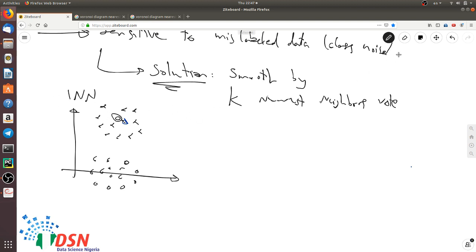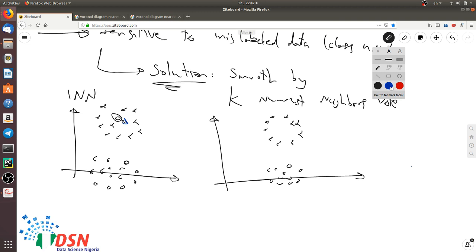So let's say we use 3NN instead of 1NN, with the same case again. This is the test data, and this is the noisy labeled data.